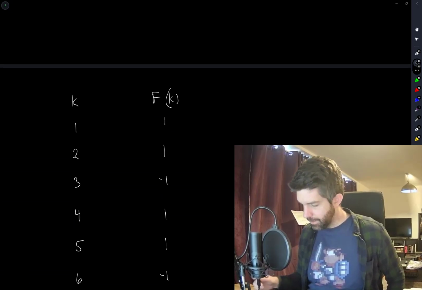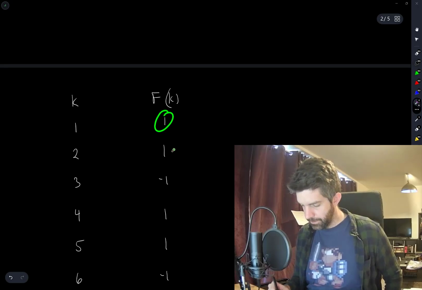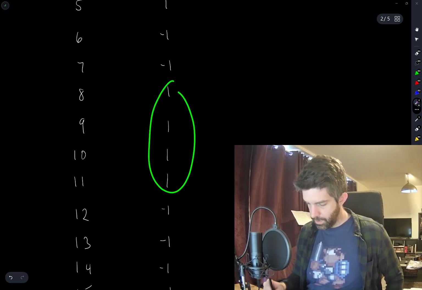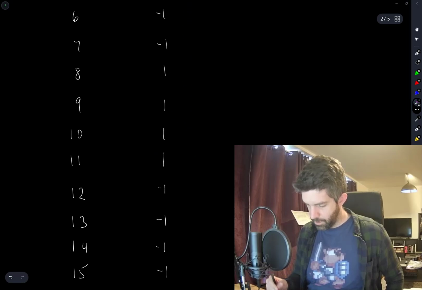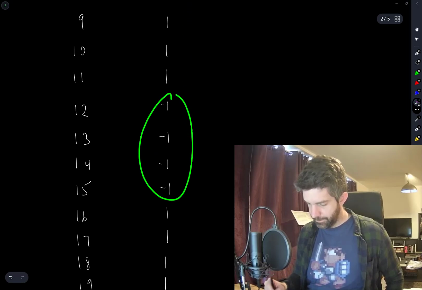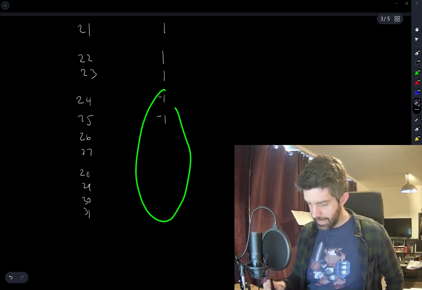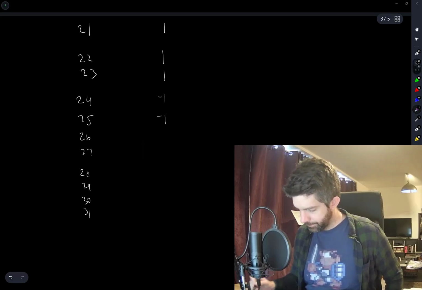Okay, so the idea here, once we have these first two, we have 2 1s, 2 negative 1s, 4 1s, 4 negative 1s, 8 1s, and I suspect we'll have 8 negative 1s.